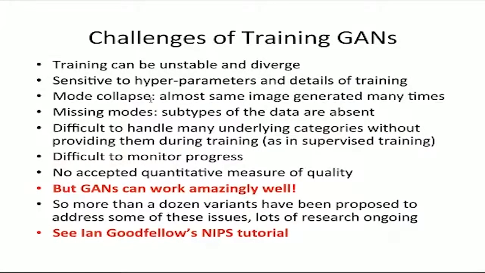A variant on this is what's called missing mode. Maybe what it generates looks nice and there's some diversity, but there's not enough diversity. There are subtypes of the data that are simply absent. If you're training on the 10 MNIST digit categories and it only learns to generate 6 of them, then 4 of them are somehow forgotten by the model.